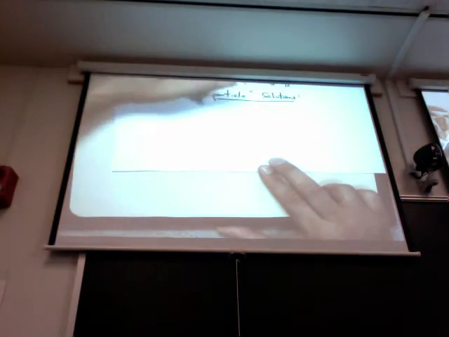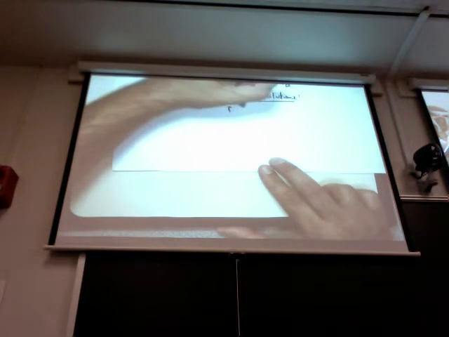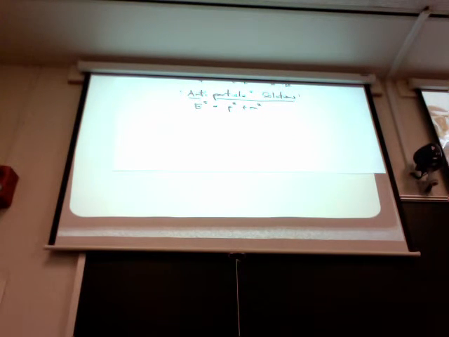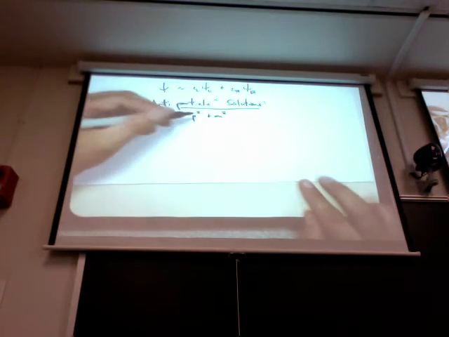We said earlier that the dispersion relation is still E squared equals P squared plus M squared, and so when we take the square root to get the energy, there's nothing to stop us from picking the minus sign. So that's what we're going to do.